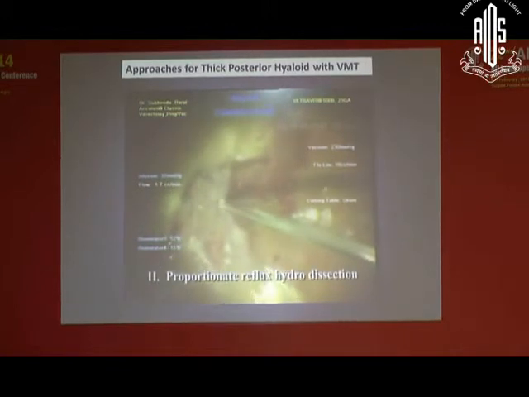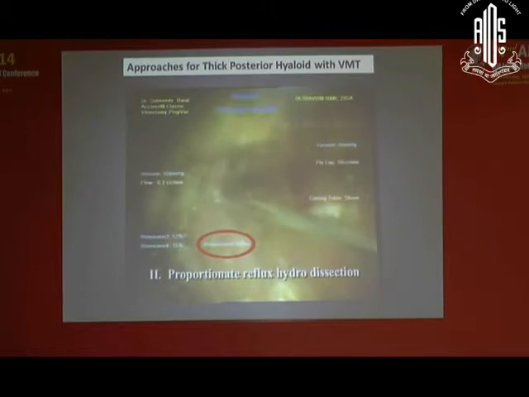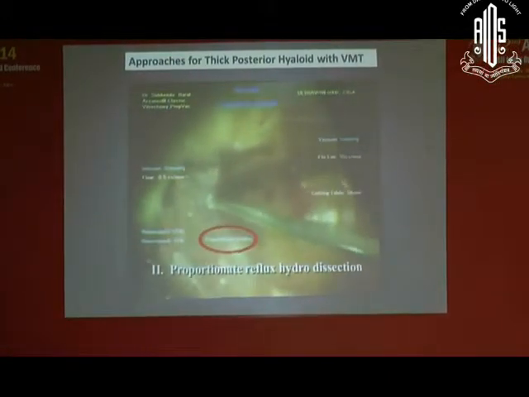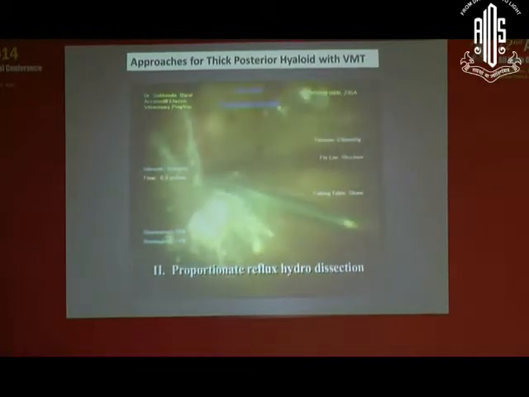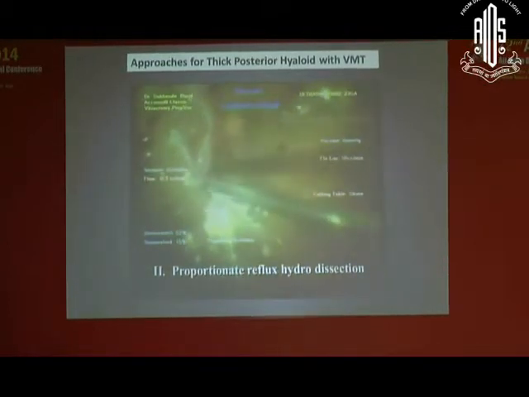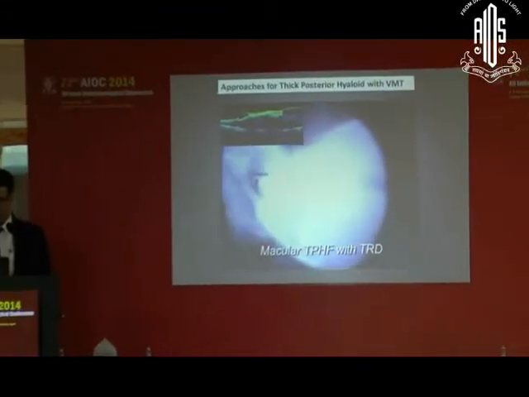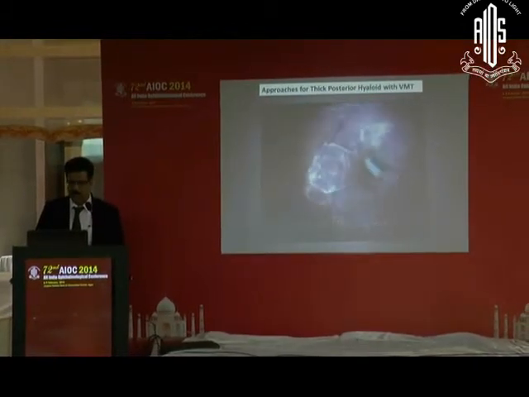Another technique is proportional reflux hyaloidodissection that the modern Constellation cutter has. You can separate it by getting fluid flowing through the port tip, and you can pull the whole detached hyaloid phase from the retina. This is another thing. In case of broad-based adhesions, you can see the taut hyaloid phase.